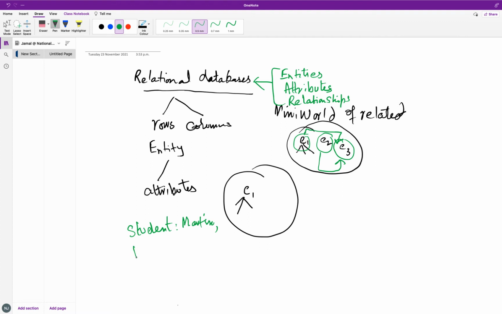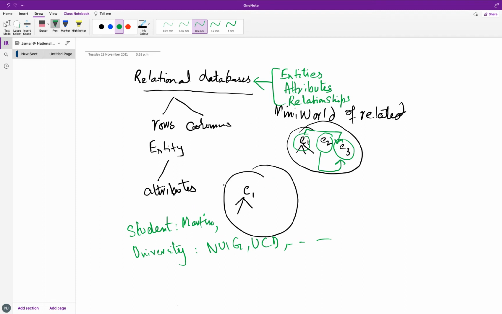Same is the case if we have university. University is an entity, and obviously instances would be NUIG or UCD, or some other universities, MIT, Stanford, right? So this is a relational database.